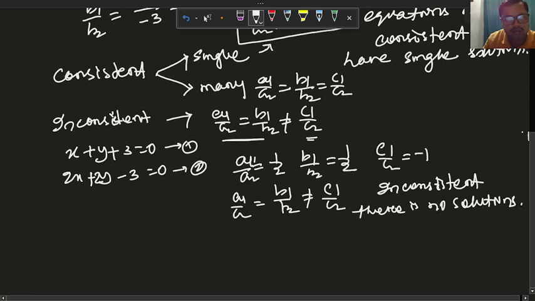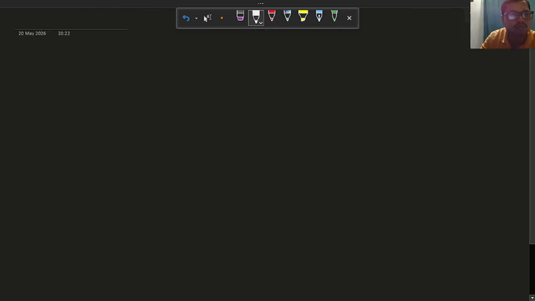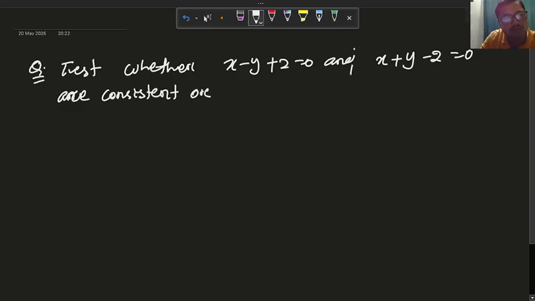Another example. Question is to test whether x minus y plus 2 equal to 0 and x plus y minus 2 equal to 0 are consistent or not.